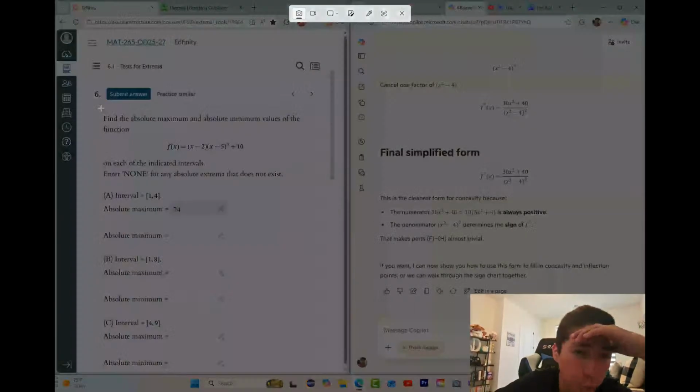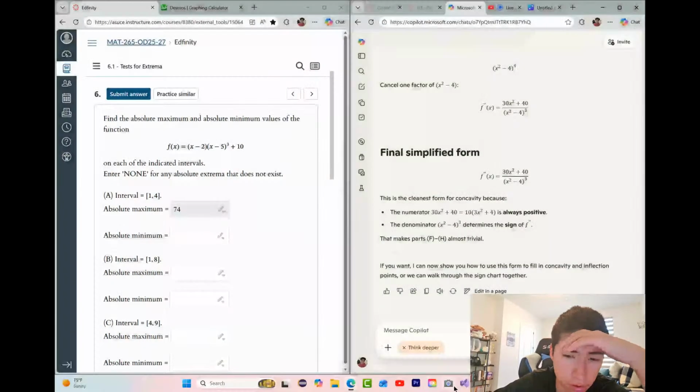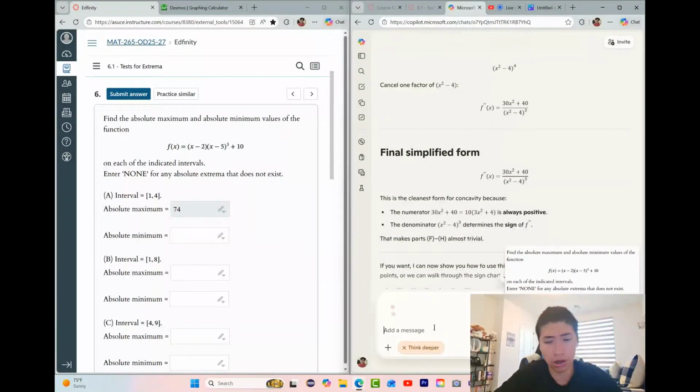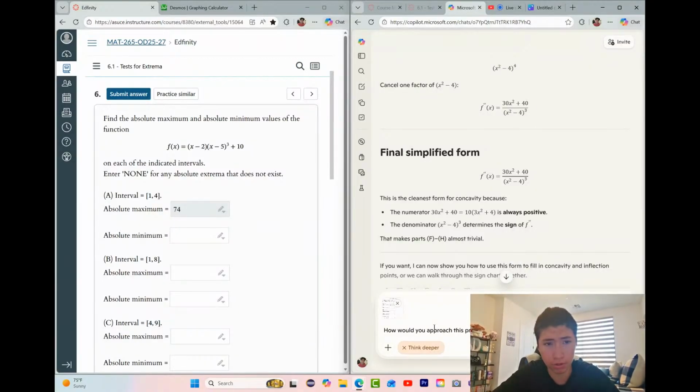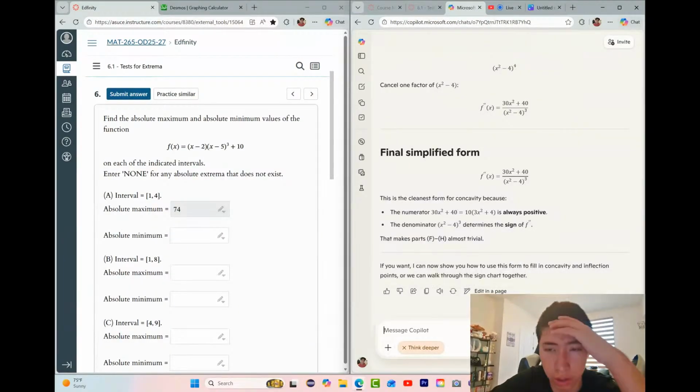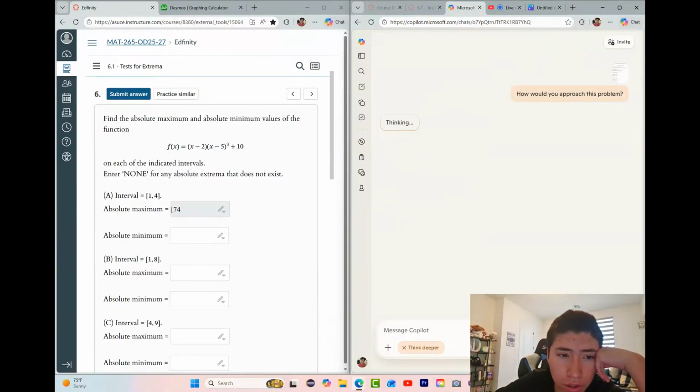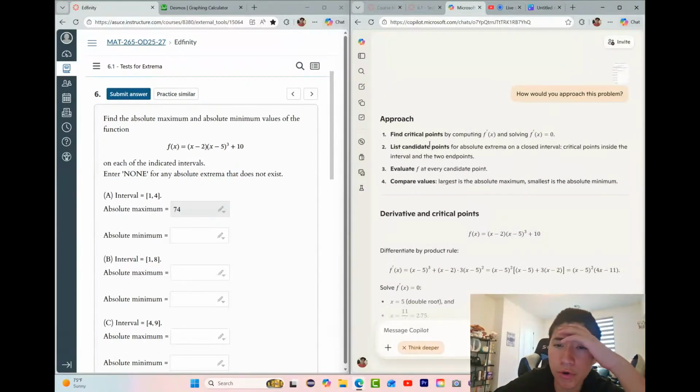I want to see what I am missing. How would you approach this problem? Oh, let's see. So find critical points by computing f prime of x and solving f prime of x equals 0. All right, here. I'll do that.